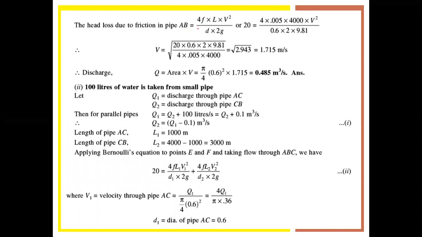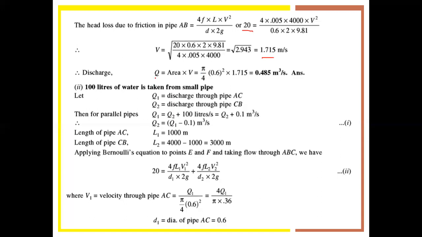Substituting 4 into F, L is 4000, V square divided by 0.6 into 2 into 9.81, and taking the root, we get V equal to 1.715.